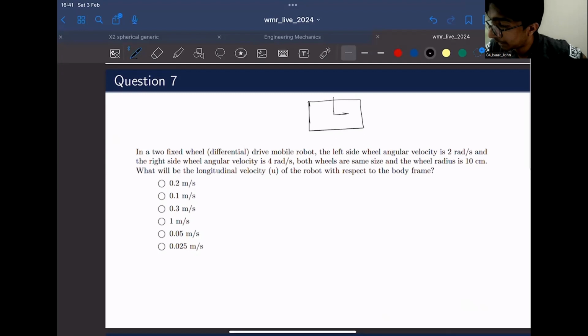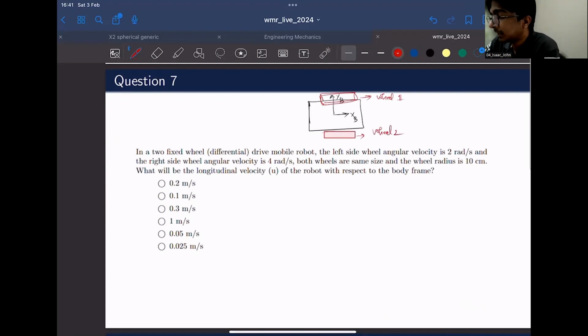You also have a body frame attached over here, XB, YB. You also have two wheels independently powered using two motors. As per our convention, we'll call this wheel 1 and this wheel 2.